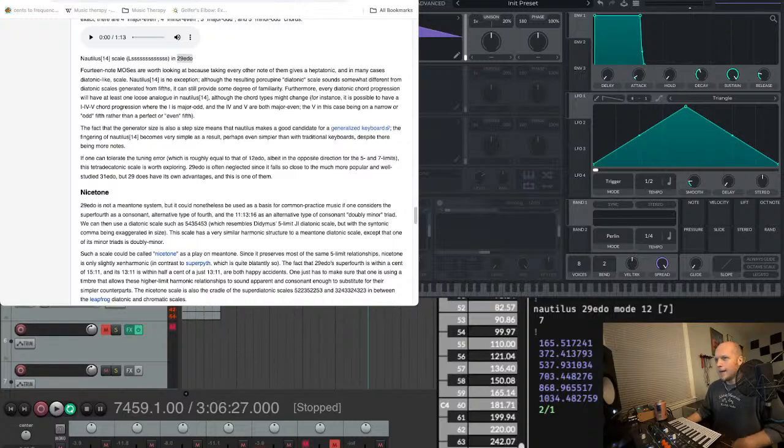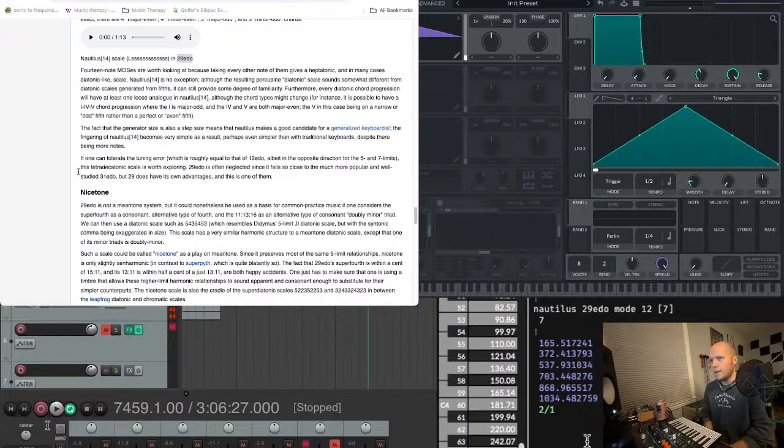So anyway, if you do want to know more about just basic microtonal stuff, I don't mind explaining more, but this is kind of several steps removed from the very beginner stuff. It's definitely not the most advanced thing, but yeah, there's just different ways to split up an octave.